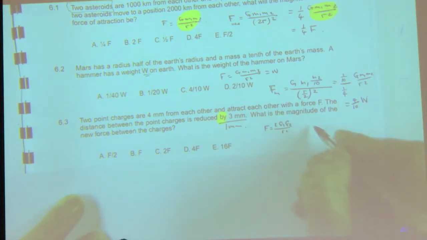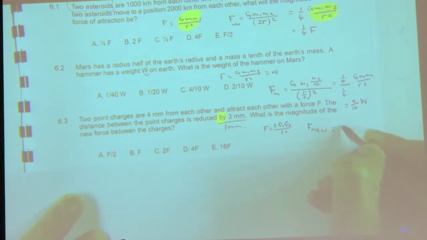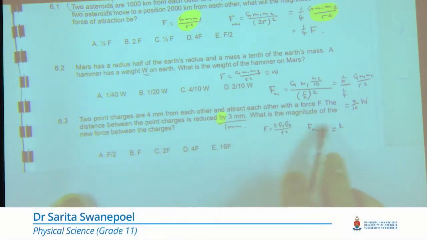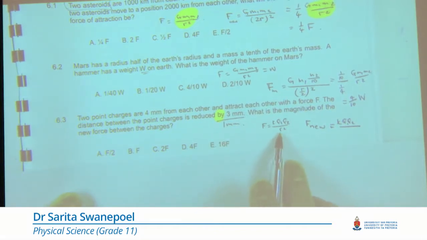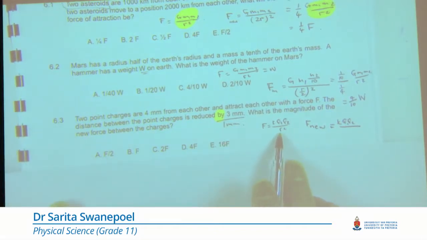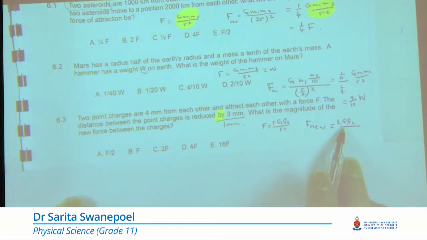So we're starting with F equals K Q1 Q2 over R squared. Nice. Now we change it, so now we have a new F. The constant obviously is constant. Did they change the charges? No. So Q1 and Q2 just go where they used to. And what happened to R? That used to be 4 millimeters, and now we only want to put in 1.